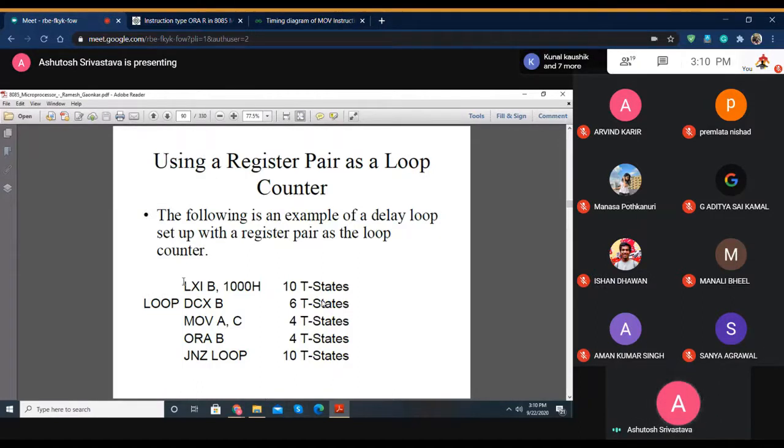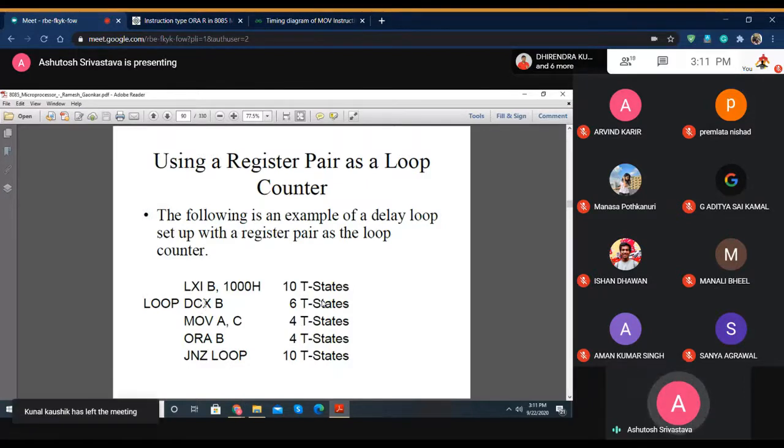It is LXI B, 1000. So this LXI statement takes 10 states. Then you have one loop. This loop starts from DCX B to JNZ, and it performs all these operations.